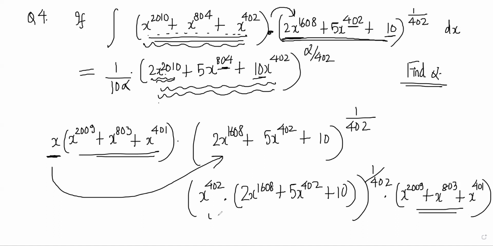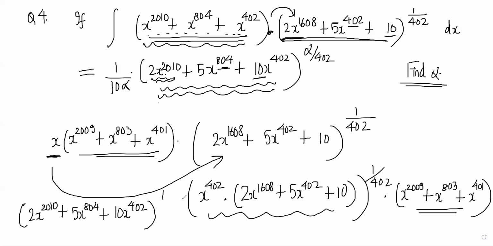Now think about this, when you multiply it out, now you start making it look like the term that we need. We get 2x^2010 plus 5x^804 plus 10x^402 whole to the power 1 by 402, right?